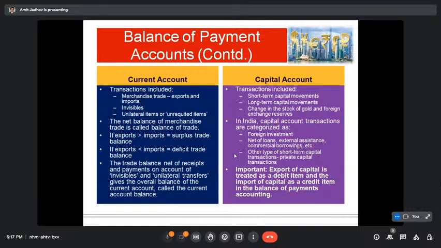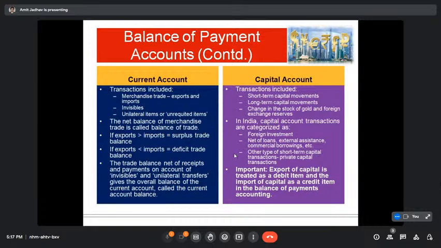In India, capital account transactions are categorized as foreign investment. We have the first item, that is foreign investment, then net loans, external assistance, commercial borrowings, and other types of short-term capital transactions. Private capital transactions we also have to include in the capital account in India.